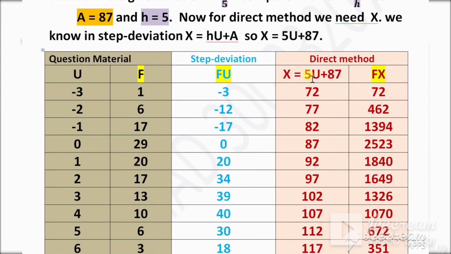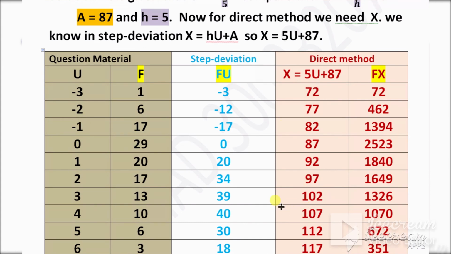You can use a calculator. Write in the calculator 5 bracket open u bracket close and plus 87. Now inside the bracket just replace the value of u. Replace -3 inside the bracket, then -2, then -1, then you will get this number.